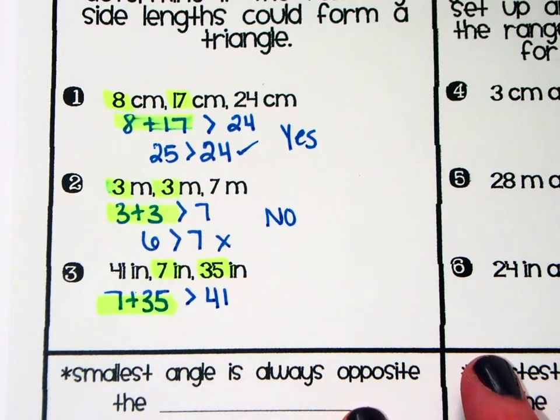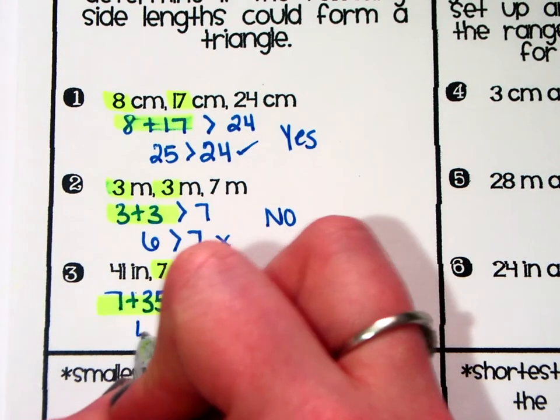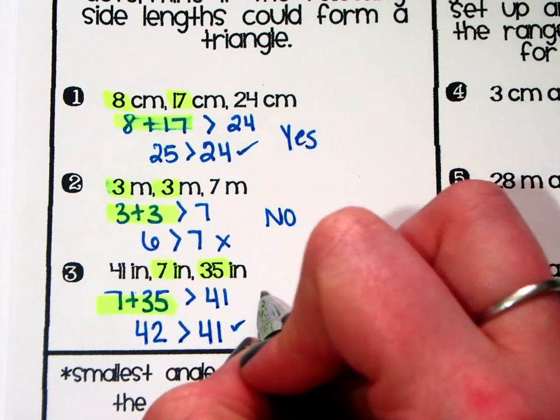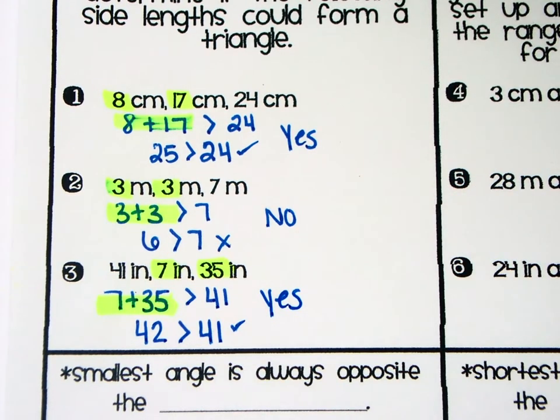So I get 7 plus 35, which is 42. 42 is greater than 41. That is true, so my answer is yes. So remember, it's an inequality. What we're doing here is making sure that the sum of the 2 smaller sides is bigger than the longest. Go ahead and take a second, make sure that's copied down.